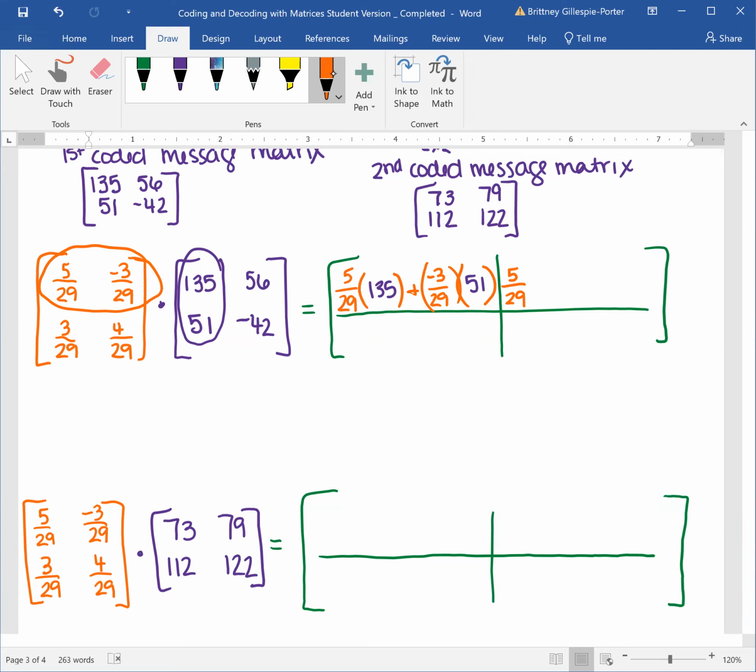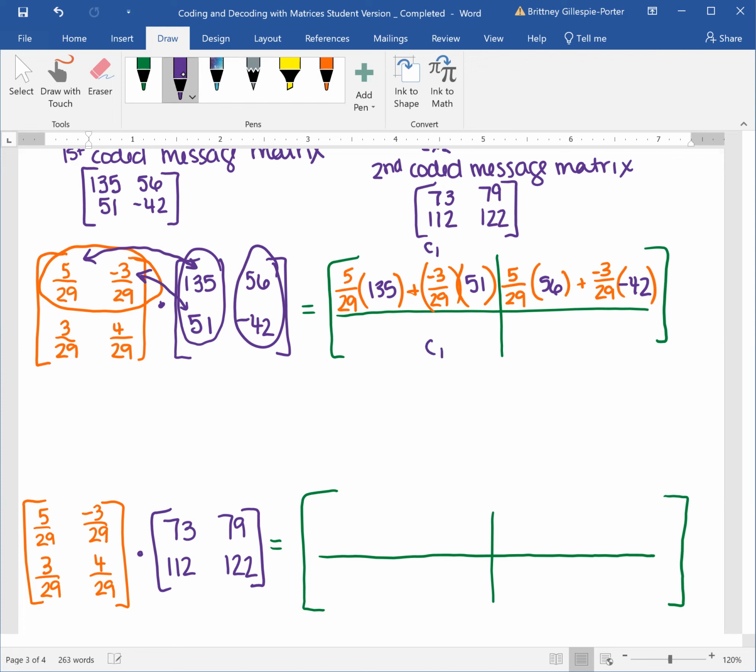Remember RC cola. So 5 over 29 times 56 plus negative 3 over 29 times negative 42. Remember, multiplying the first 2 entries and adding the multiplication of the second 2 entries for each of these columns.